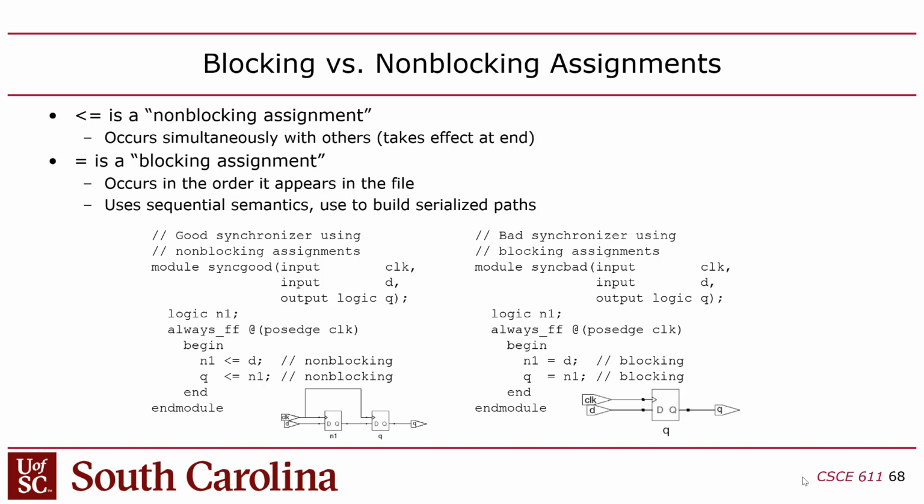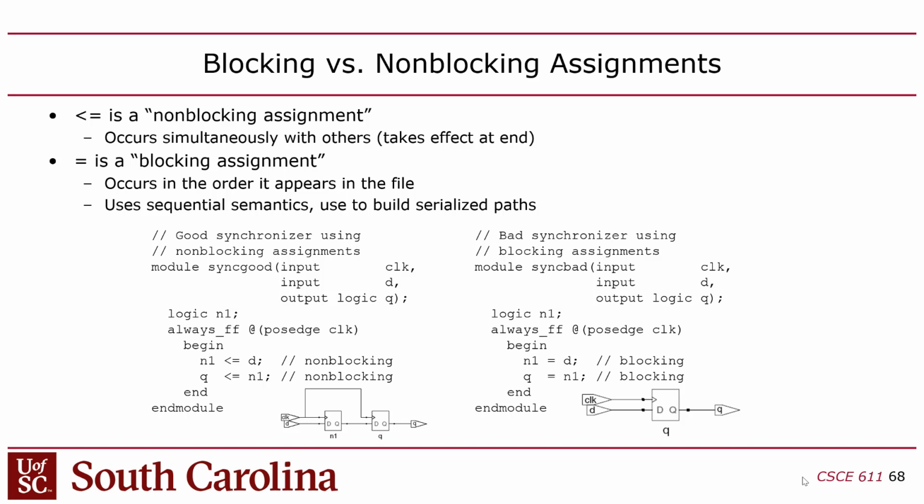If you use non-blocking, then the version of N1 that's seen in the second line of code is the old value, before you wrote it in the first line. So basically, if you use non-blocking, the outputs don't actually get applied until the always block finishes, executes all the lines of code, and completes.